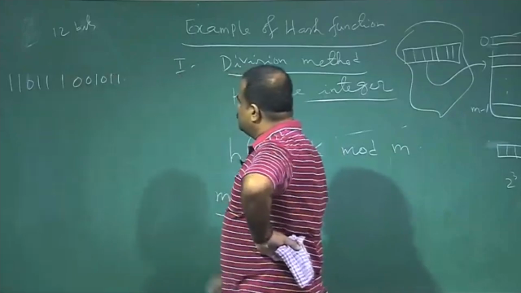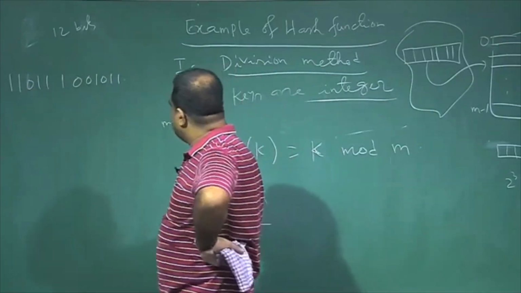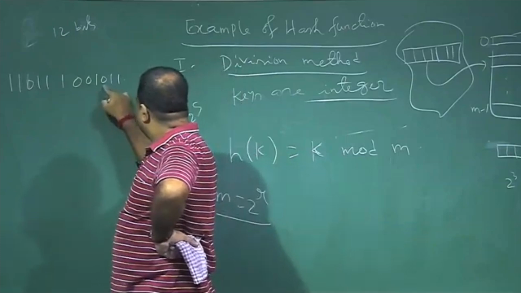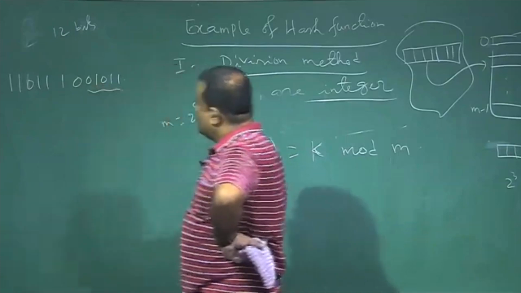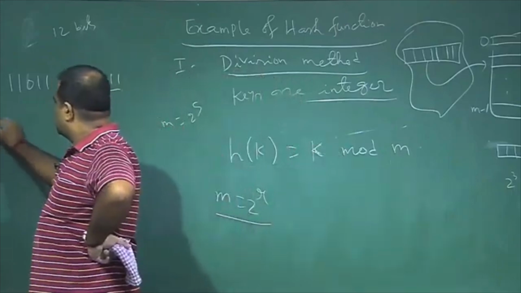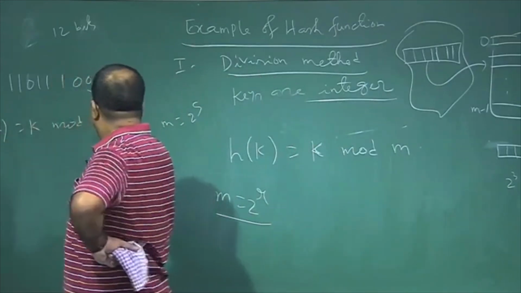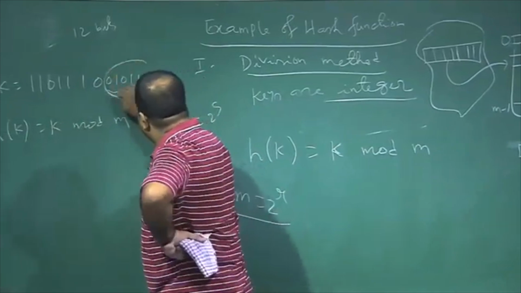Now, if we choose m equal to say 2 to the power 5, that means 5 bits, then what is k mod m? k mod m is basically this one.